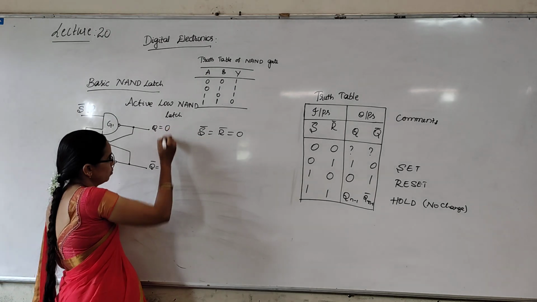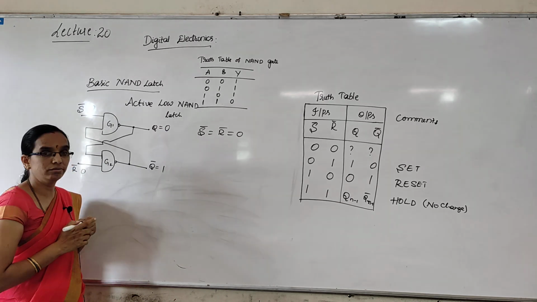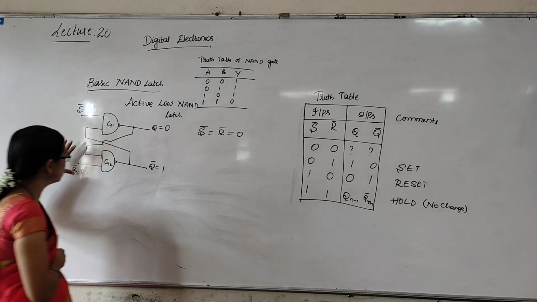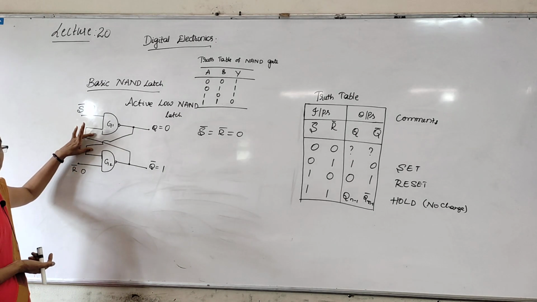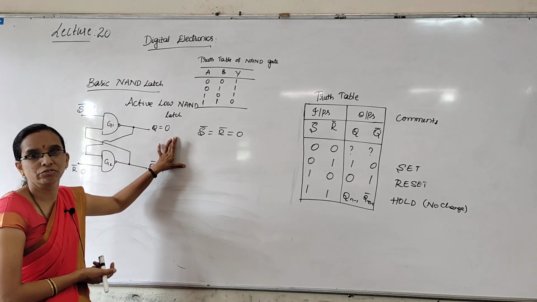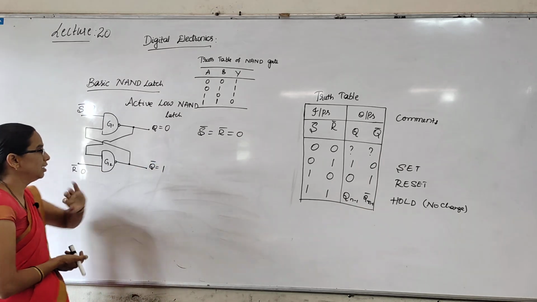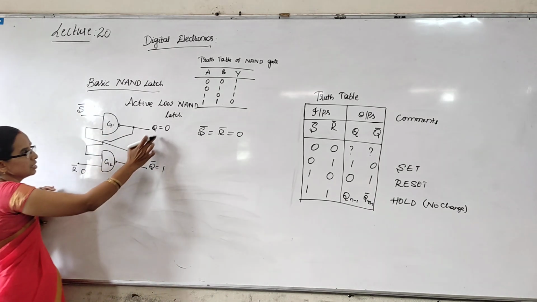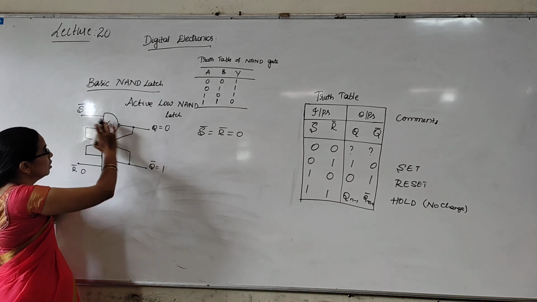Earlier it was 0 and 1, Q was 0 and Q bar was 1. So what happened when both the inputs are 0? No need to check the other input condition. Irrespective of that, both the NAND gates will give the output 1 1, which cannot be possible, right? Let us check. When S bar is equal to 0, previously I will consider it was 0 and 1, we did the reset thing.